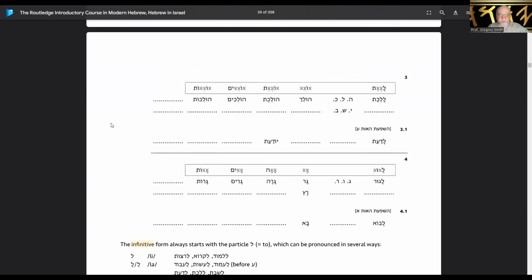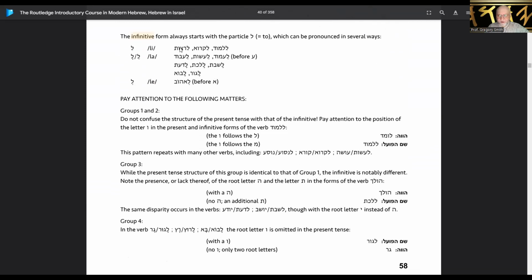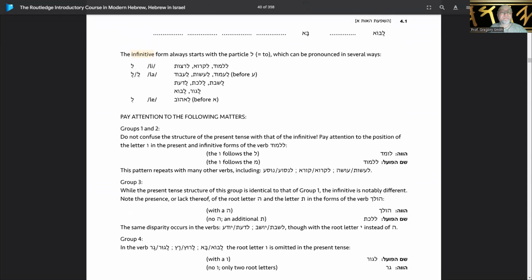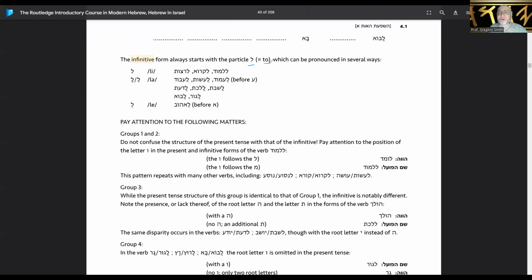We are going to pick up where we left off last time, and we're going to talk about the infinitive form. The infinitive form of these verbs always starts with the particle lamed, meaning "to" something, which can be pronounced in several ways.